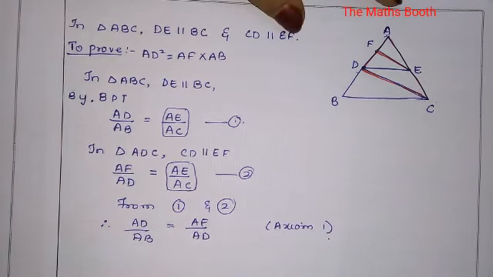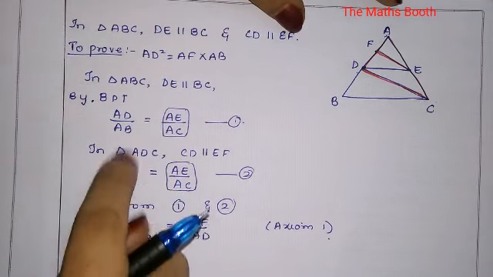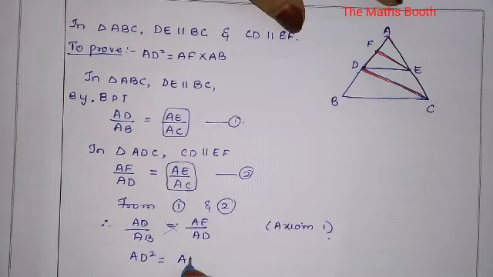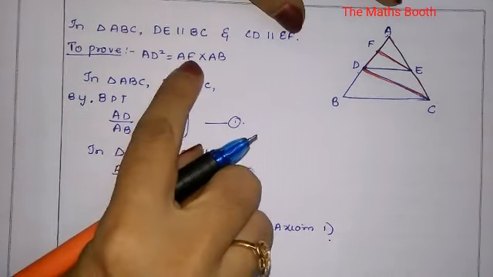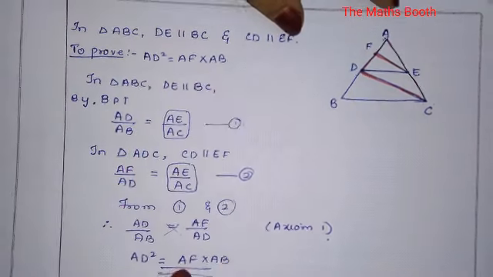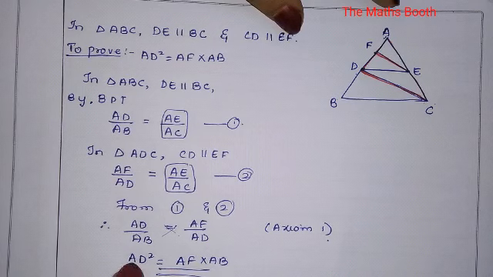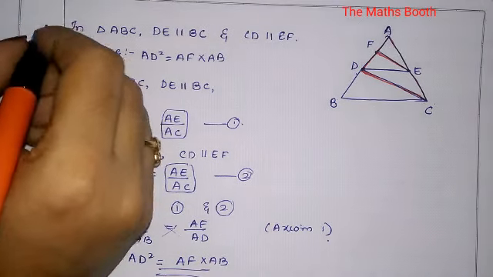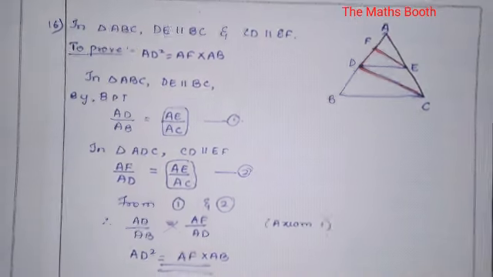Now let us cross multiply. AD into AD, AD square, equals AF into AB. This only they have told us to prove. So we got the answer. They have told AD square is equal to AF into AB, and we also got AD square is equal to AF into AB. Okay, this completes the 16th question.